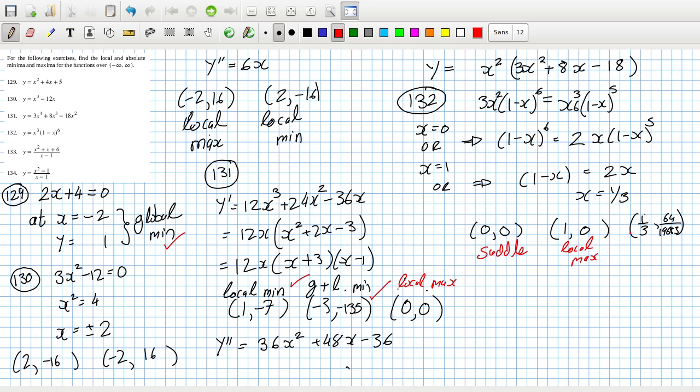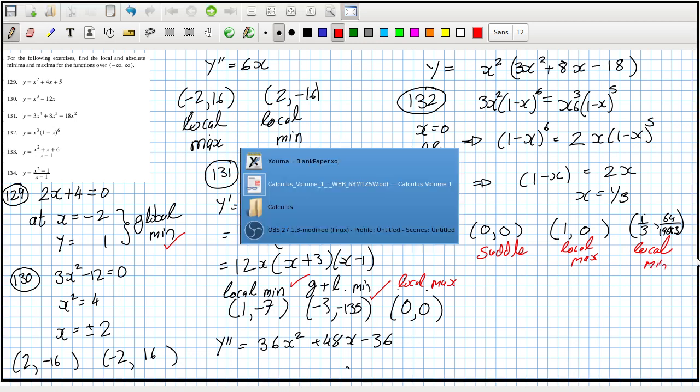Then a third. Maybe this one's a local min. I'm trying to picture the shape of it.